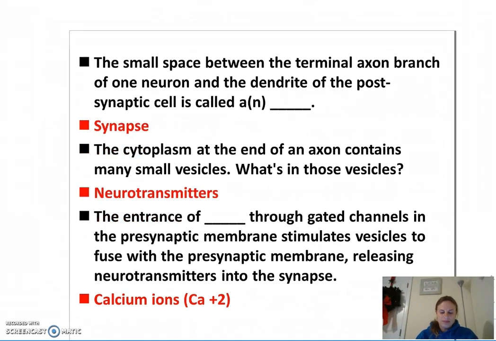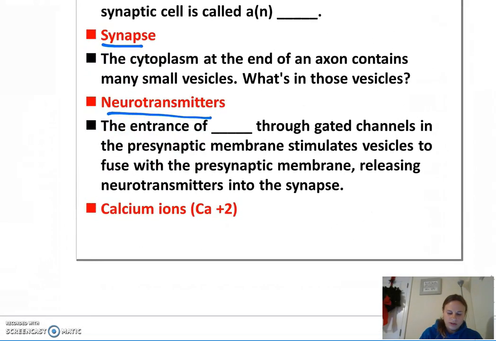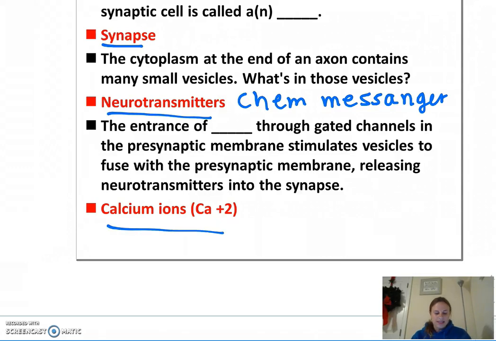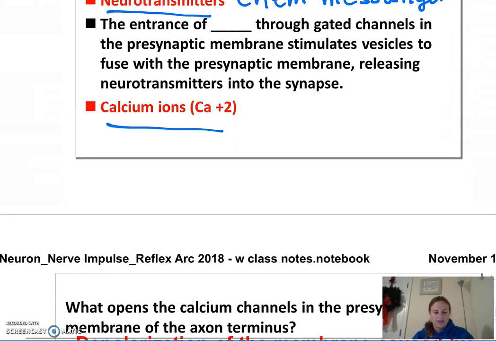The space between the terminal axon branch and the dendrite of the postsynaptic cell is called the synapse. Neurotransmitters are found in the vesicles. Those act as your chemical transmitters or your chemical messengers. The entrance of calcium is what signals the vesicles to fuse with the presynaptic membrane, which then releases those neurotransmitters into the synapse.